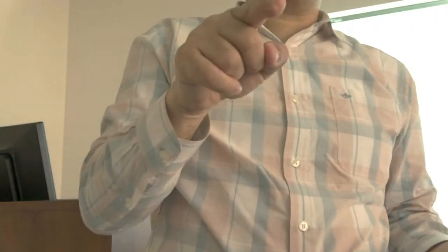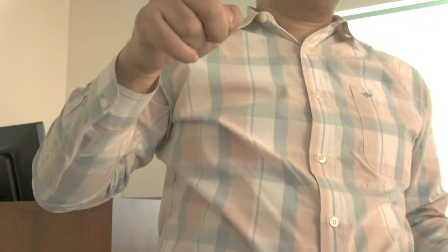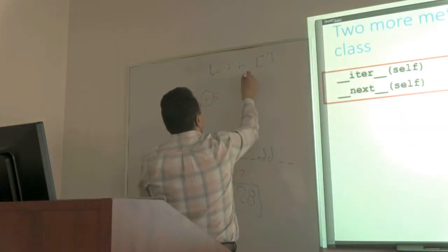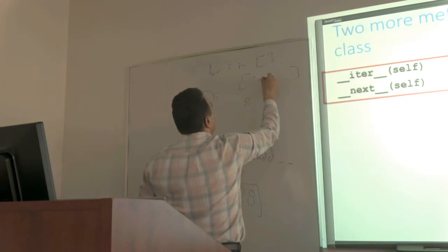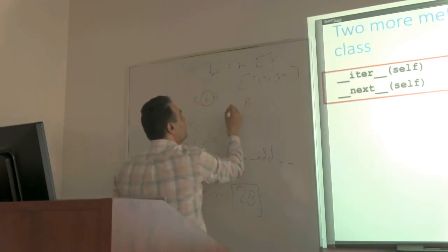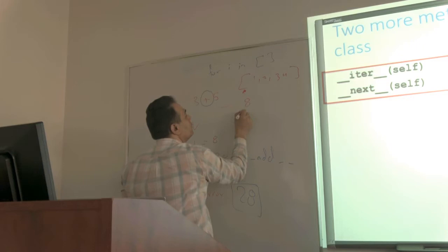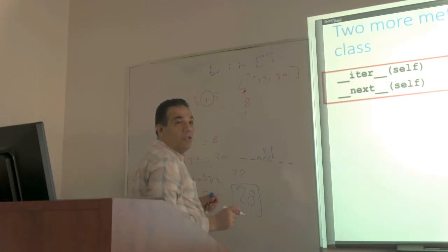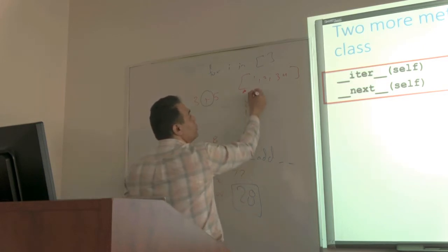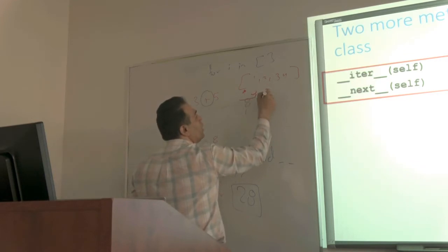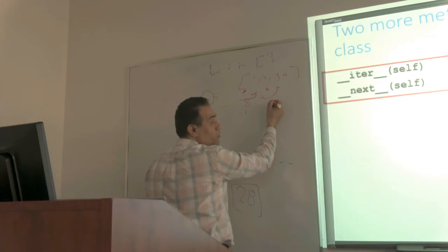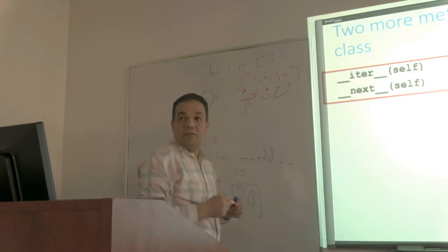Every time you loop, it will run next, like a pointer. If I have a list like this, 1, 2, 3, 4, at the beginning there's a pointer. It points to -1. Then I iterate, and it points to 0. Then it points to index 1, index 2, index 3.